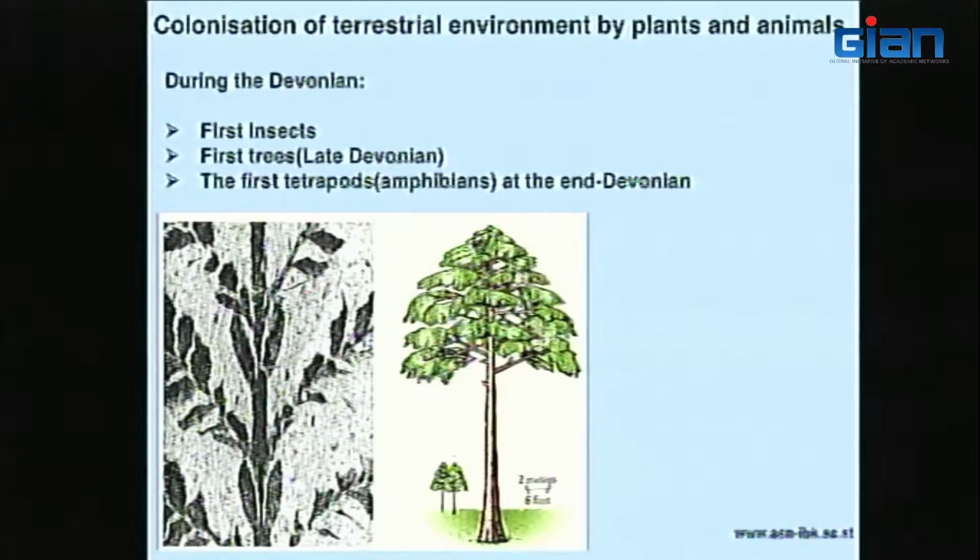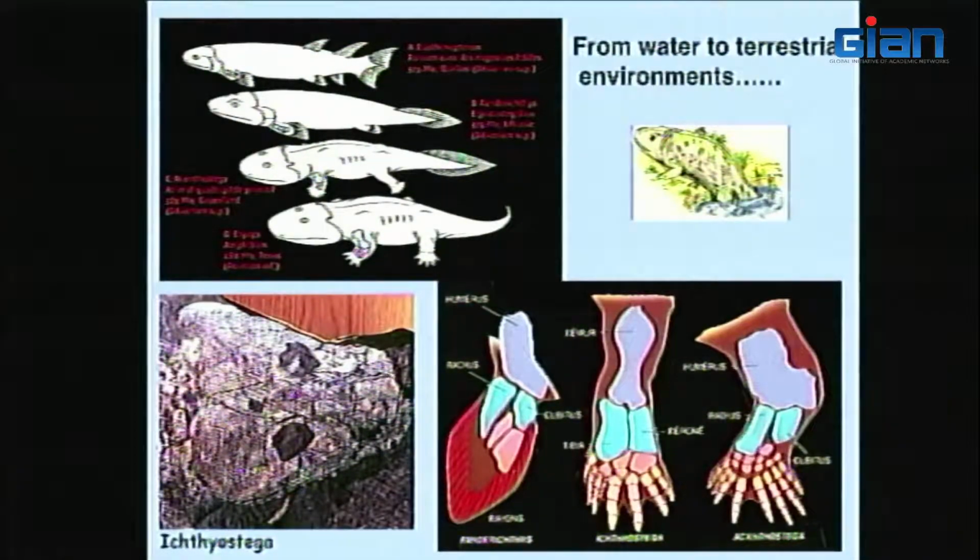So the next big step in evolution is the appearance of the first amphibian. And Ichthyostega is more or less the missing link. This is this guy here.